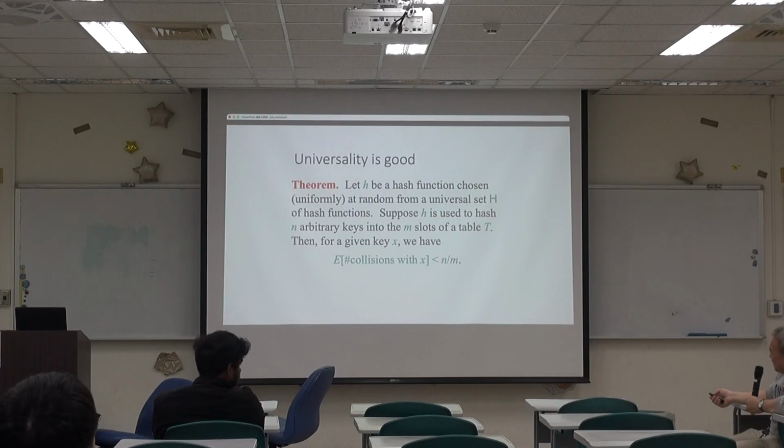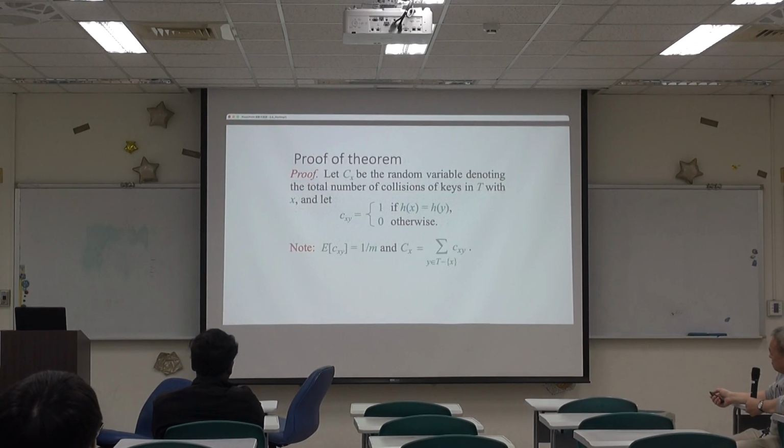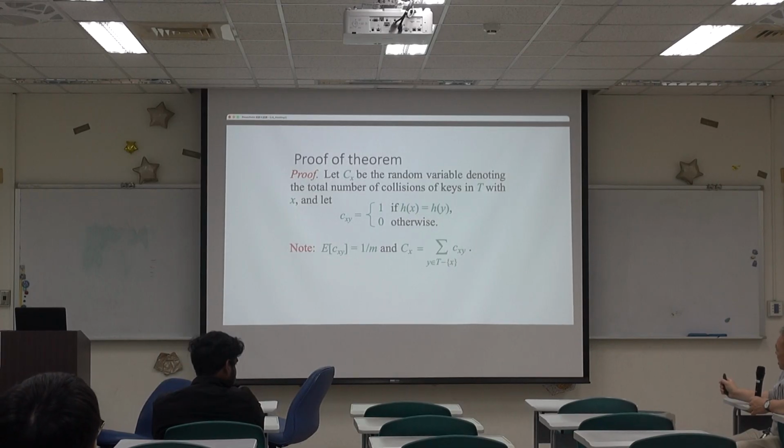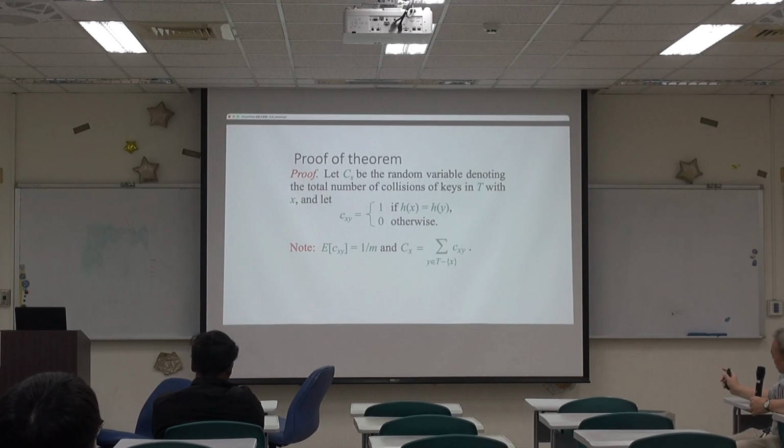So how do we prove that? First, let capital C_x be a random variable that denotes the total number of collisions of keys in the table T with x.